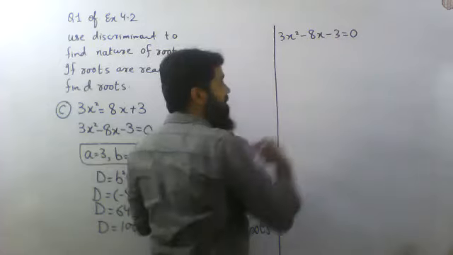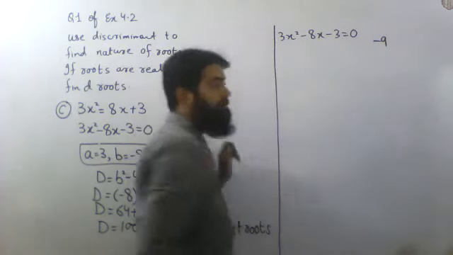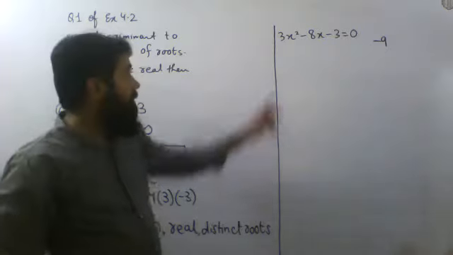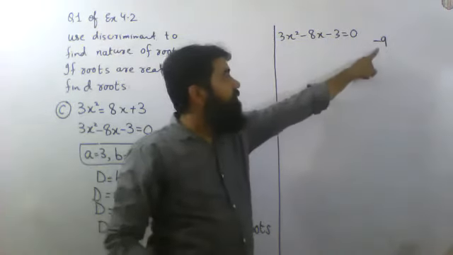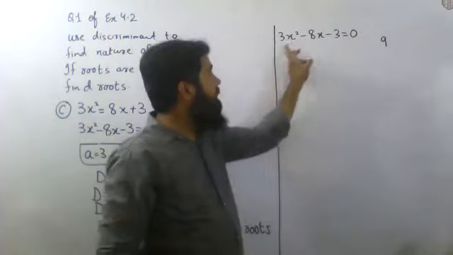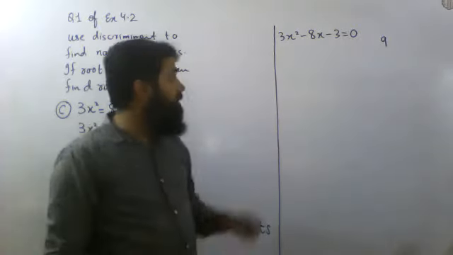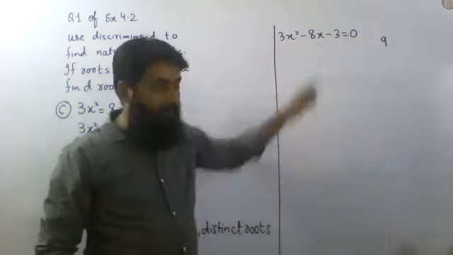3 into minus 3 will be minus 9, or if you don't want to take sign, don't take sign. 3 into 3 is 9. So now I have to make the factors of 9 which can make 8.